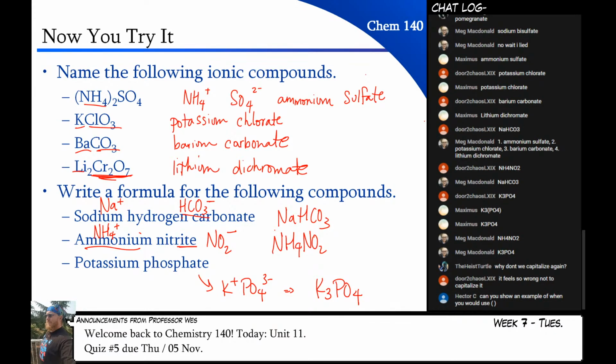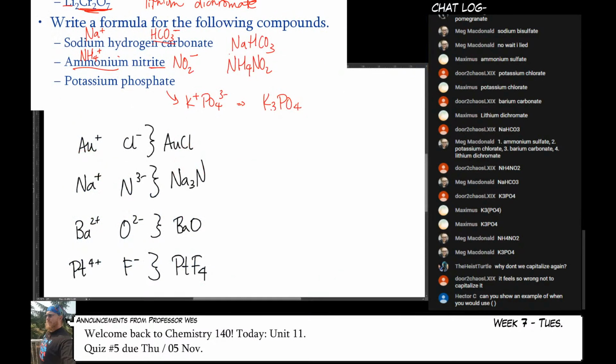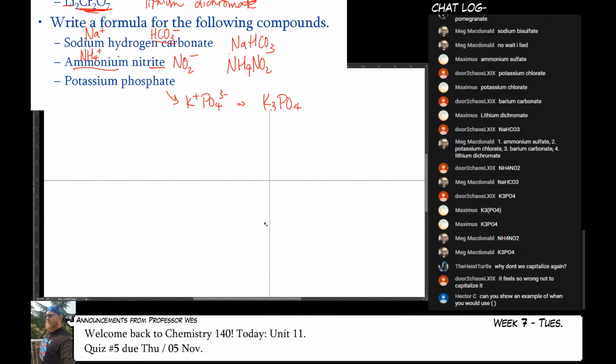Can I show an example when you would use parentheses? Sure. So, let me go to this screen here. Let's get rid of these. So an example with parentheses would be something like, let's see here, iron 3 carbonate.